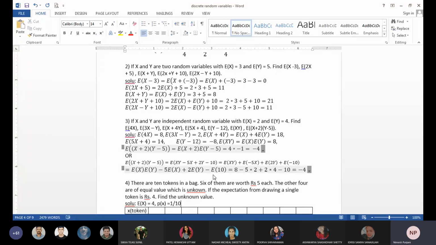You are drawing one single coin, right? तो एक कॉइन तुम लोग सिलेक्ट कर रहे हैं from 10 coins. तो उसका जो प्रोबेबिलिटी है, that is the reason that you get it as 1/10 as your p of x.